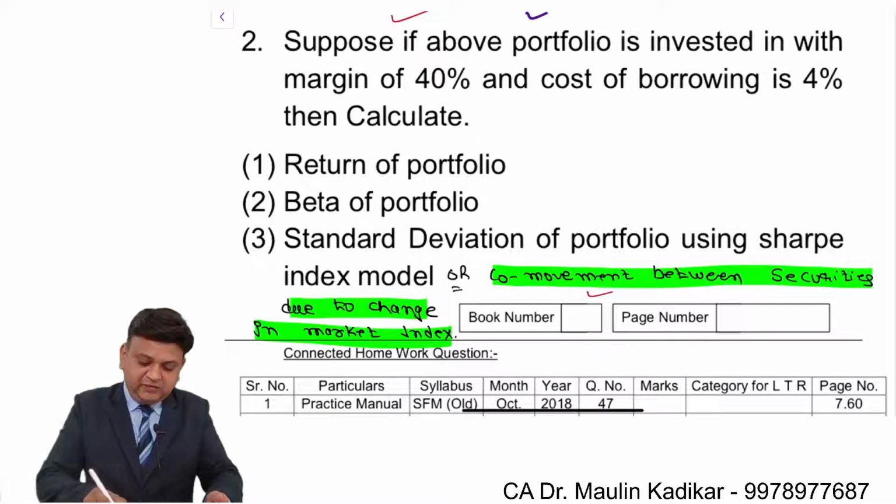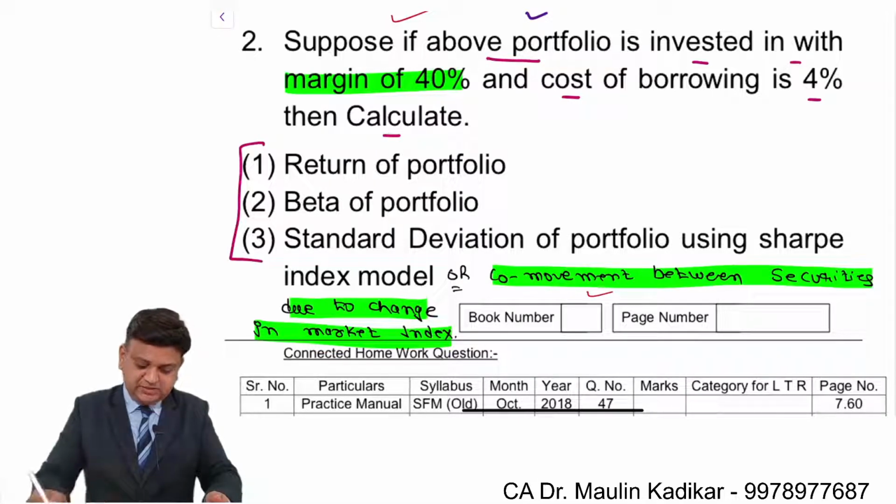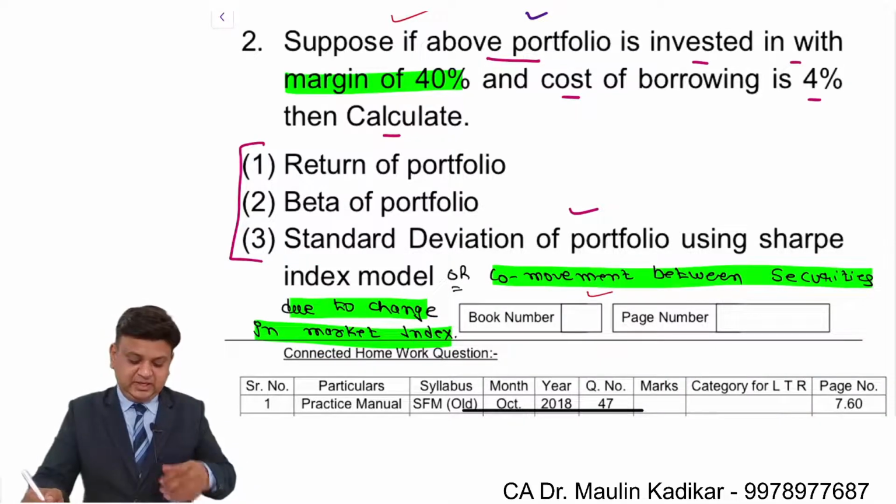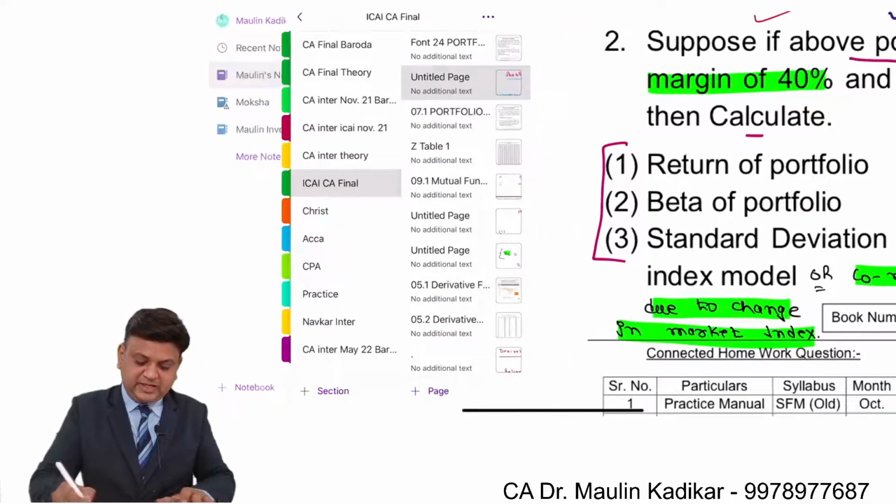Suppose the above portfolio is invested with a margin of 40 percentage and cost of borrowing is 4 percentage. Calculate these three: return of the portfolio, beta of the portfolio, and again the standard deviation. Let us understand how to make the calculation of the answer.